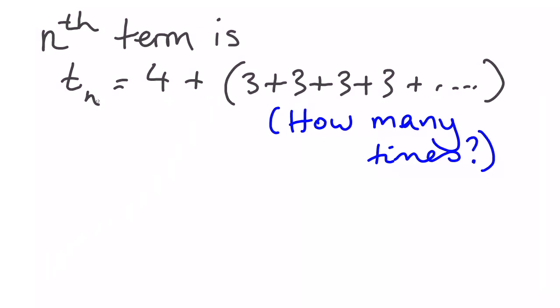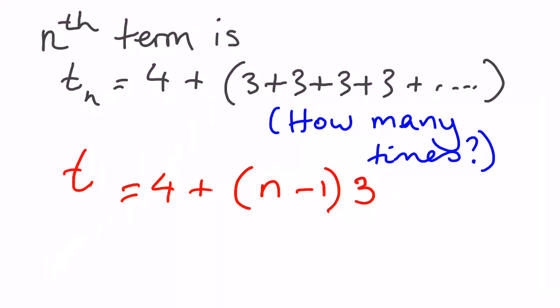If it's the 1st term, I'm going to add 3 no times. The 2nd term, I'm adding 3 1 time. For the 3rd term, I'm adding 3 2 times. So for the nth term, I'm going to be adding 3 n minus 1 times.